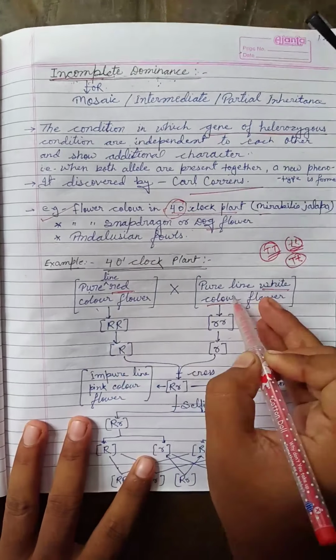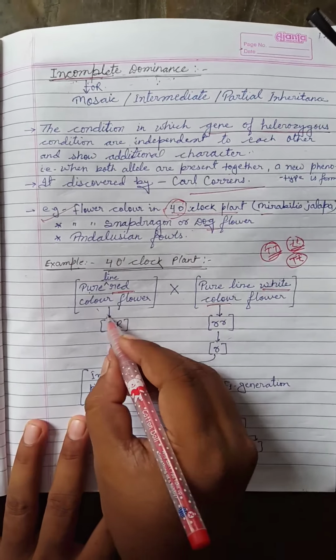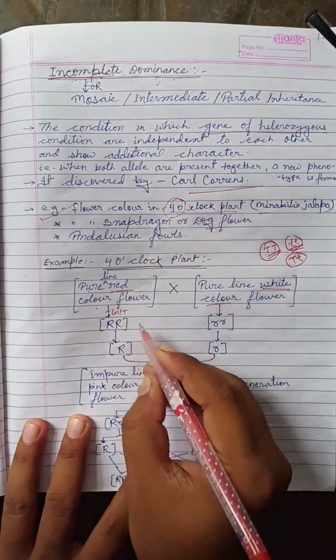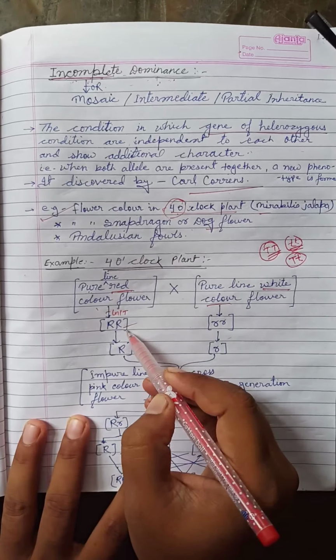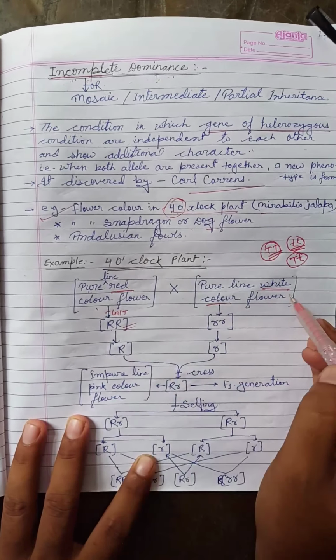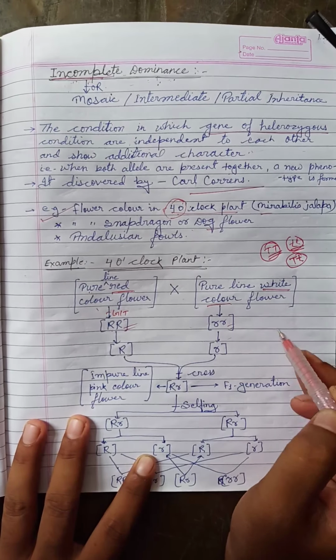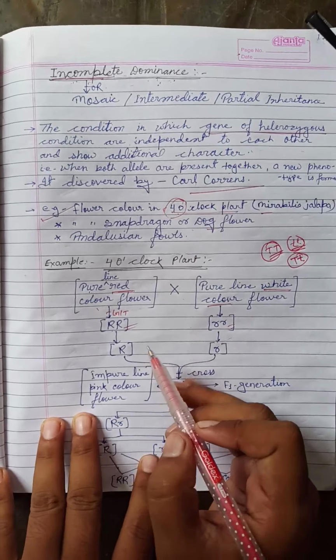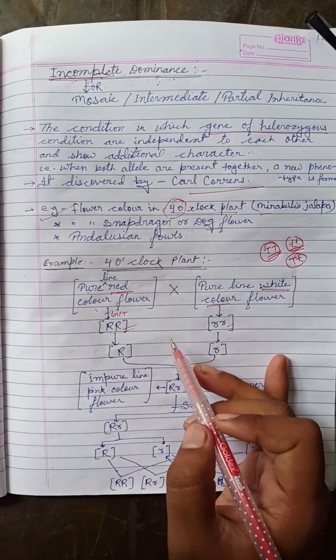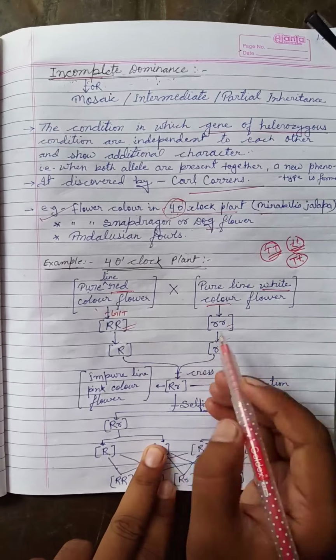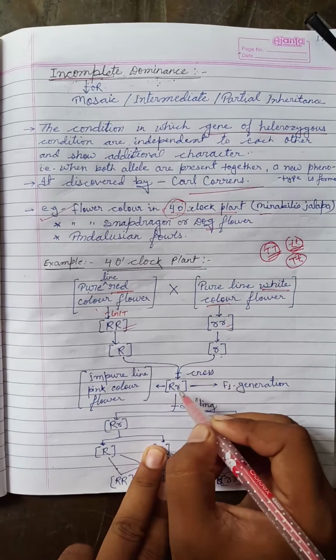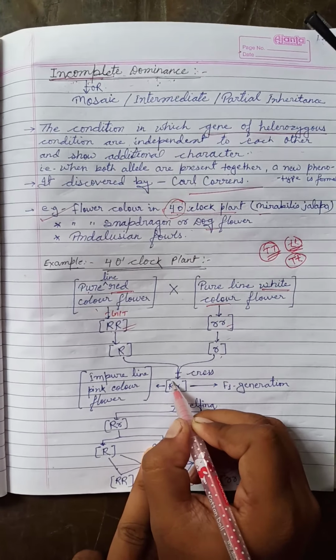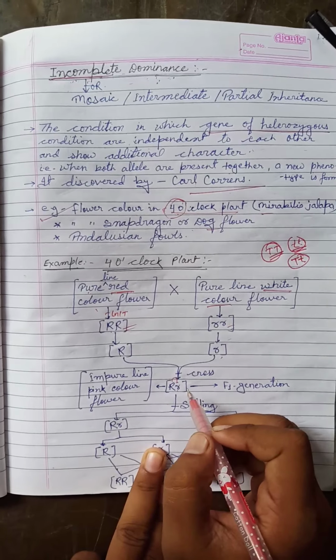Both are in the homozygous condition, so the genotype will be RR for red color, and small r small r for white color. We have already discussed that in the law of dominance, the cross of these two gametes would give red.